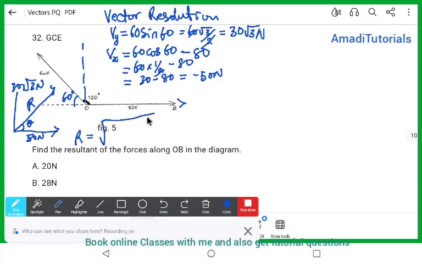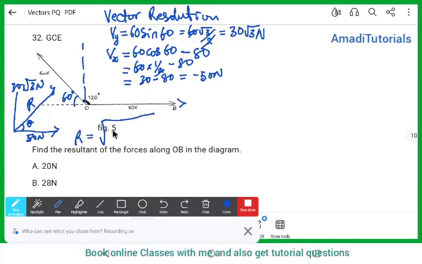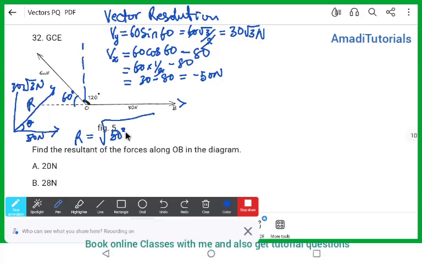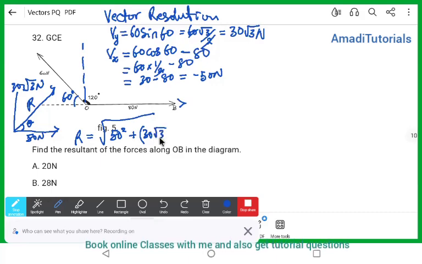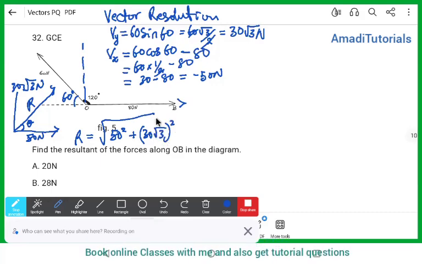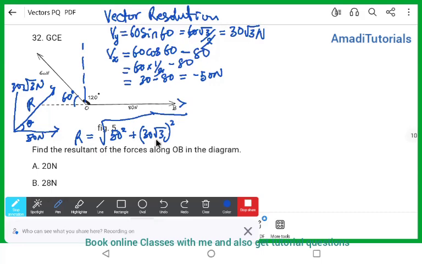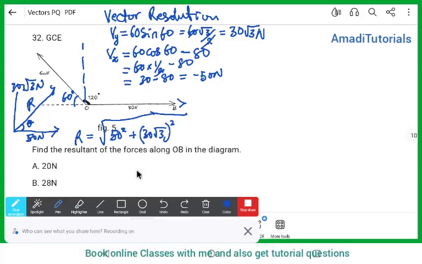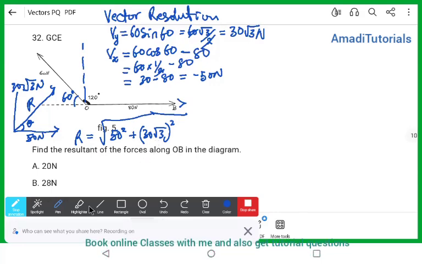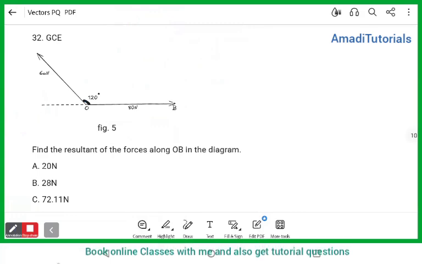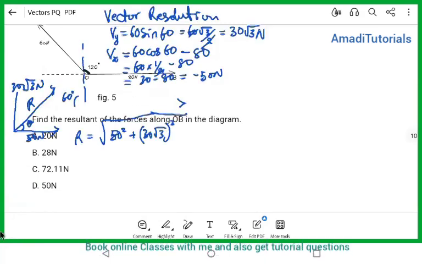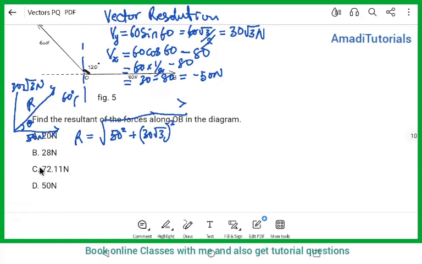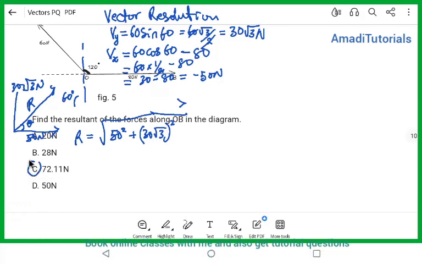So if you do 50 squared plus 30 root 3 squared, if you evaluate that, your answer will be C. Your answer will still be this option C.